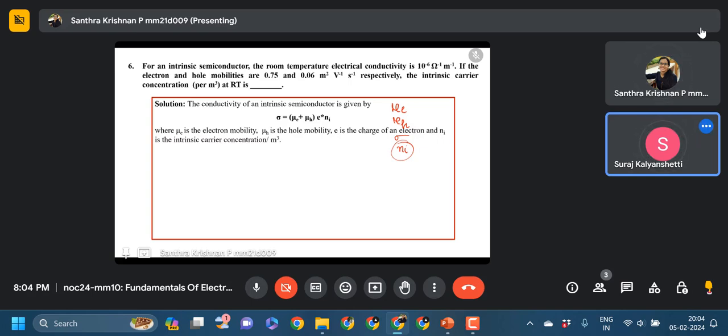I'll put it in Excel. Ni is equal to sigma divided by all this, right? Sigma is 10 raised to minus 6.